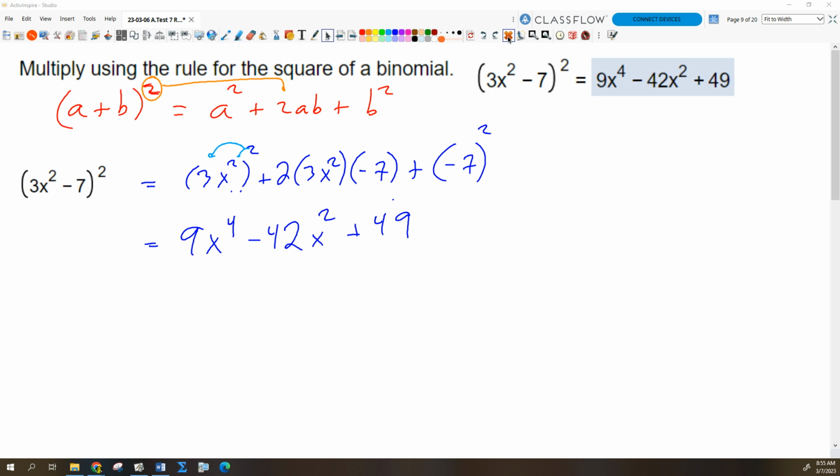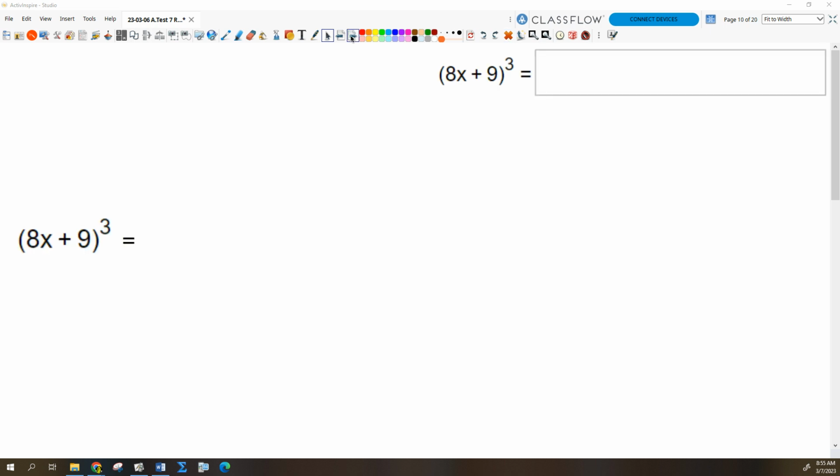Okay. So you're going to have one that's a cube. So we've got to remember our a plus b cubed pattern. This is good practice. Okay, 1, 3, 3, 1. Good. Coefficients. First one's always 1. Second one's going to be 3. And then you know there's going to be 4 terms, and it's got to be symmetrical, right?